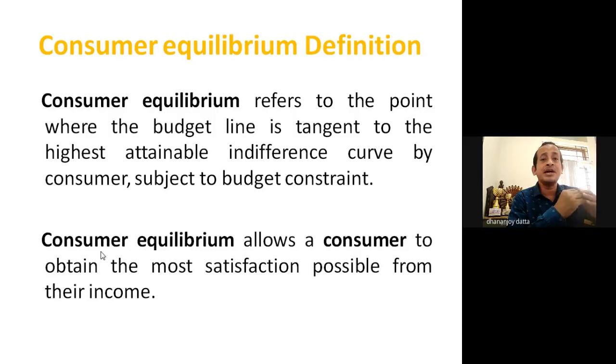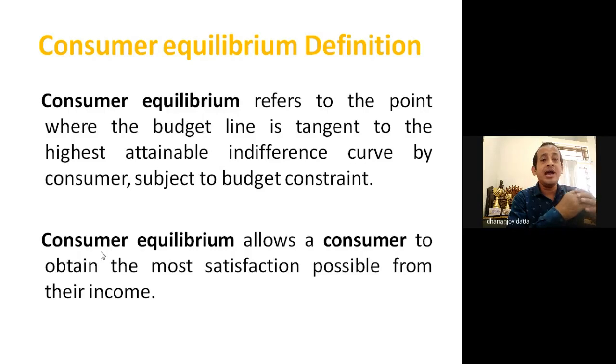In the previous class, we have discussed the indifference curve. So we'll go through a graphical representation also. There, it will be more clear to you. So here, basically, consumer equilibrium refers to the point where the budget line is tangent to the highest attainable indifference curve by the consumer, subject to budget constraint.